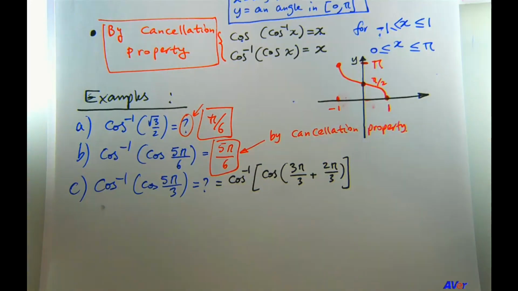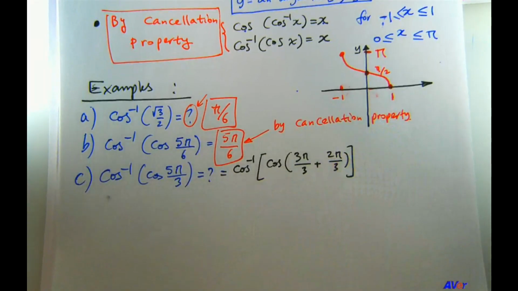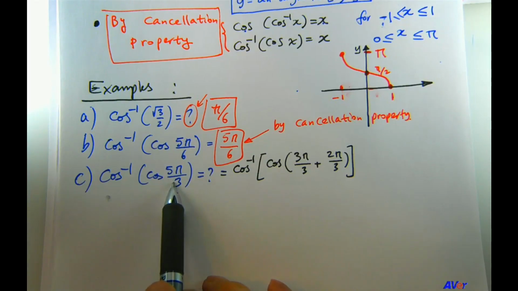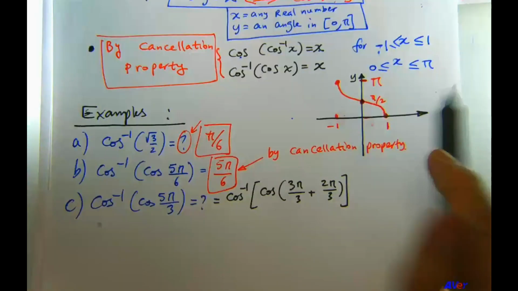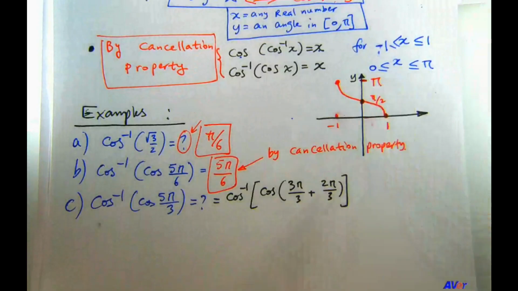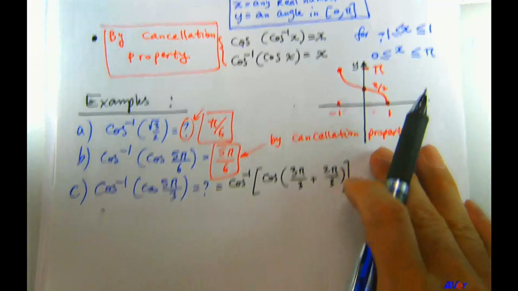We need to find the angle. That is, let me take you back to the first lecture or first video. We need to translate this into its reference angle. That should be between 0 and pi, and then we can answer this question. So that's what we're doing.